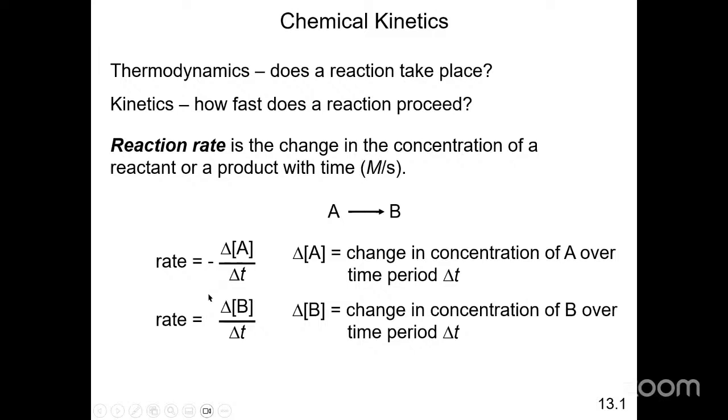You'll notice that there's a negative sign here, but there's no negative sign here. That's because B is being increased as the reaction progresses. So this is just reiterating what I just said: because the concentration of A decreases with time, delta A would be negative.